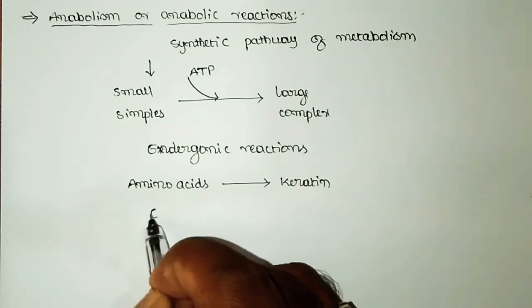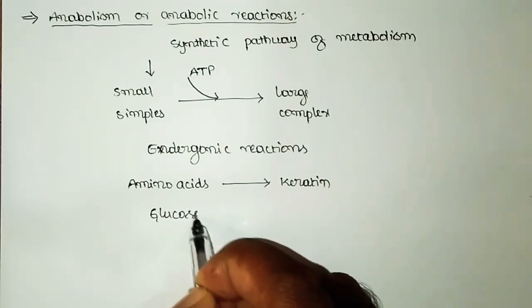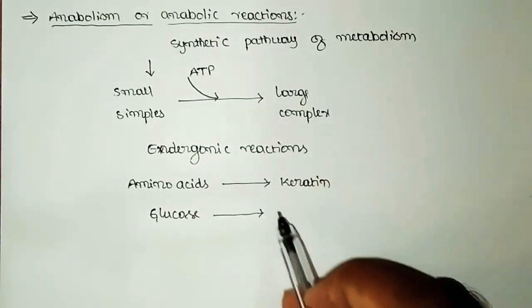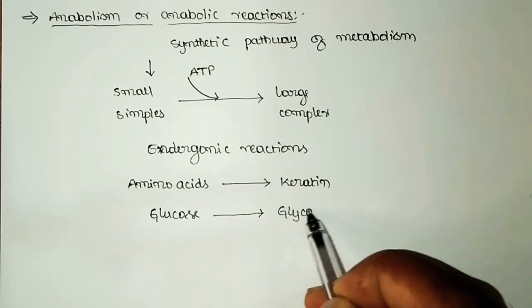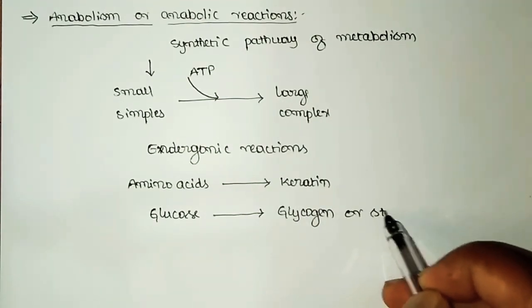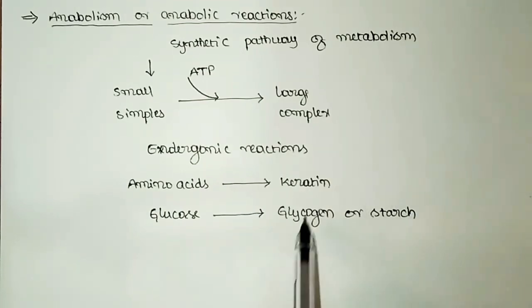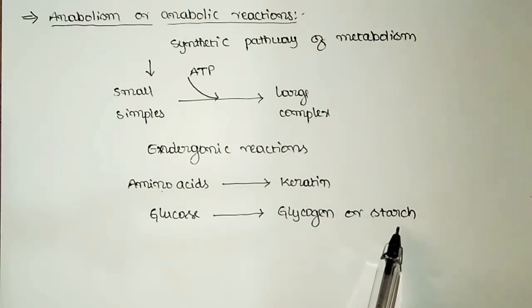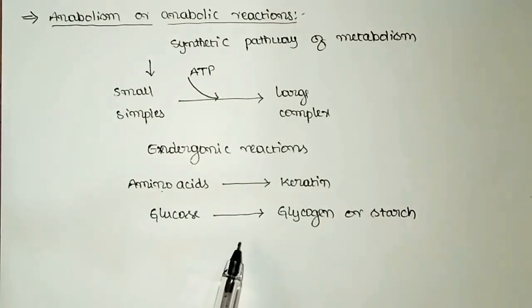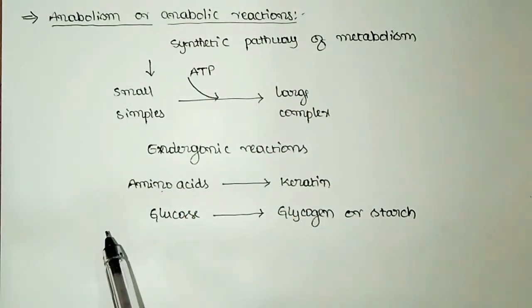And from the monomer glucose, which is produced during the catabolic pathway, glycogen will be produced in the human body, or else starch in case of plants. So keratin is a complex nutrient molecule, a protein produced from amino acids. Glycogen and starch are polysaccharides produced from glucose, which is a simple monomer. And these things will be possible only with the utilization of energy.